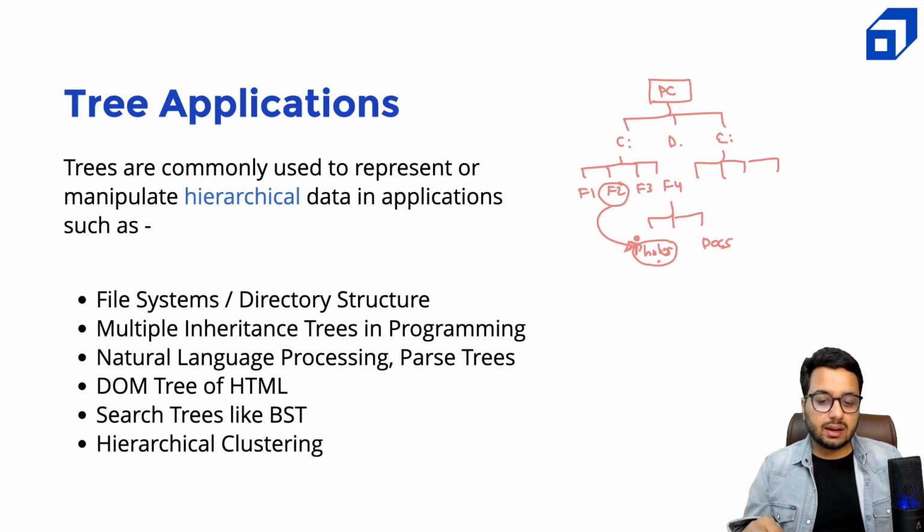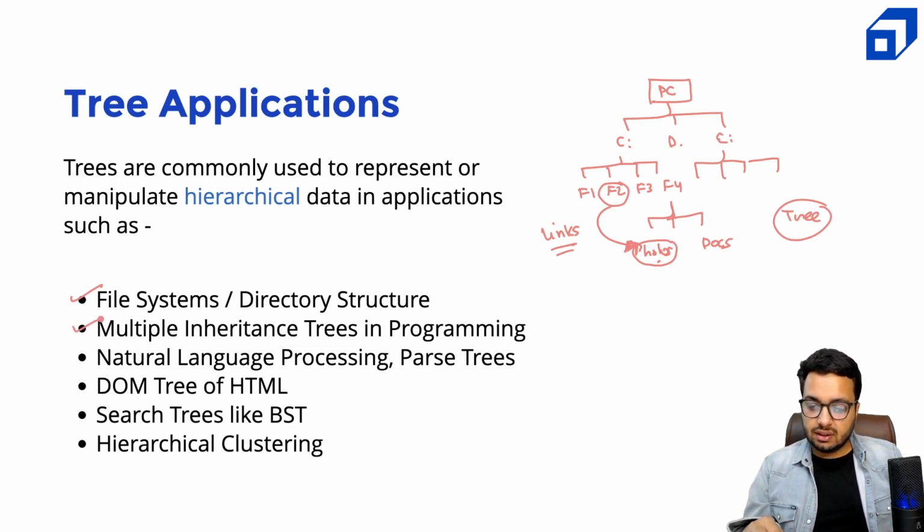Earlier this reference was stored by F4, now this reference is stored by F2. Basically the links to the folders and subfolders can be easily changed if the data structure is implemented using a tree, right? This is something we will discuss, right? So file system is a good example of a tree data structure, right?